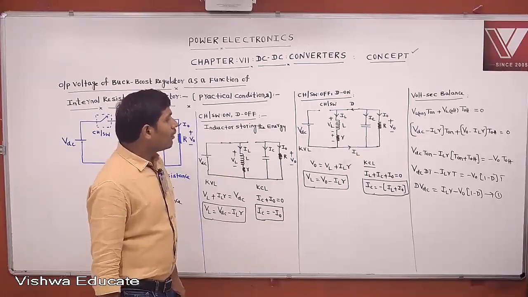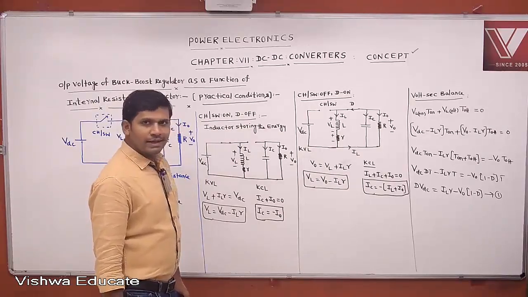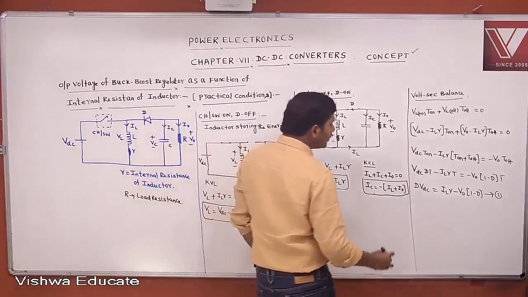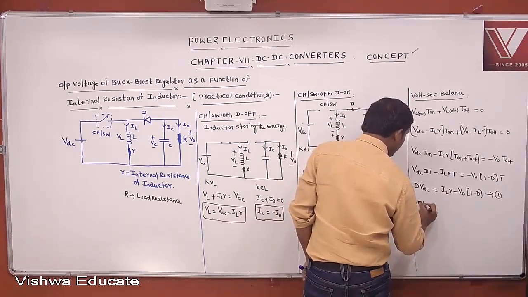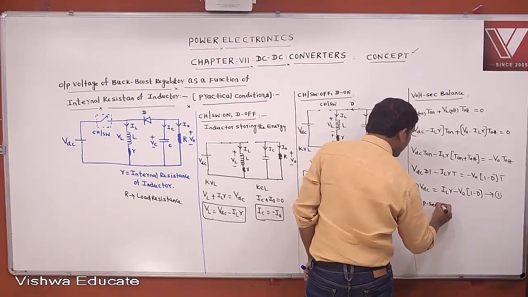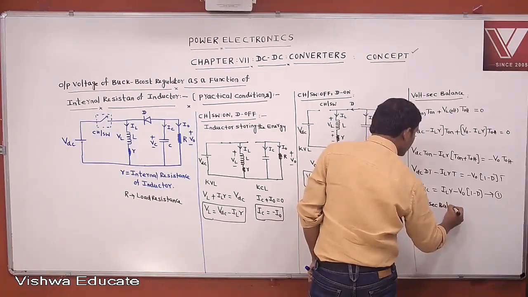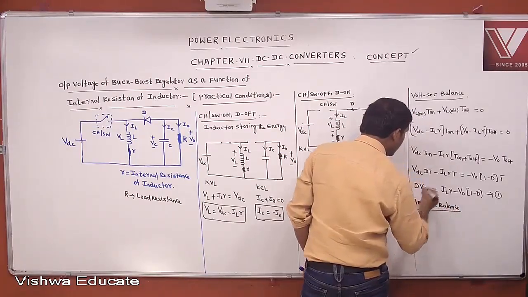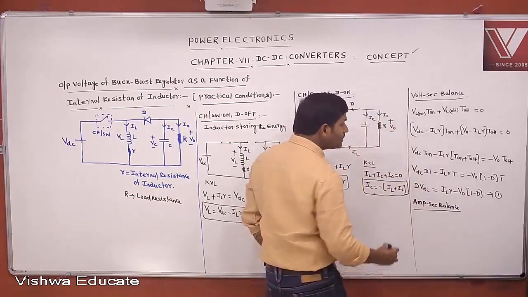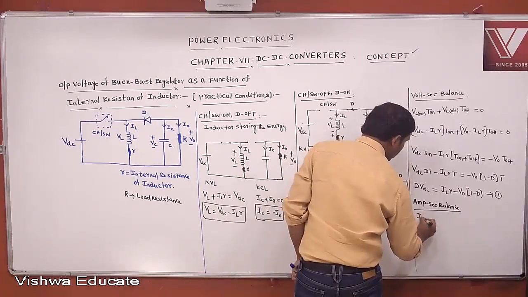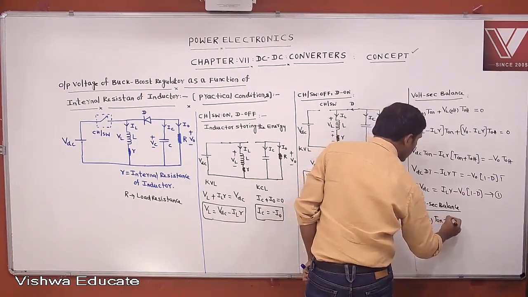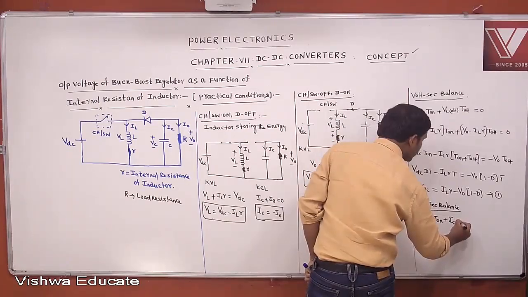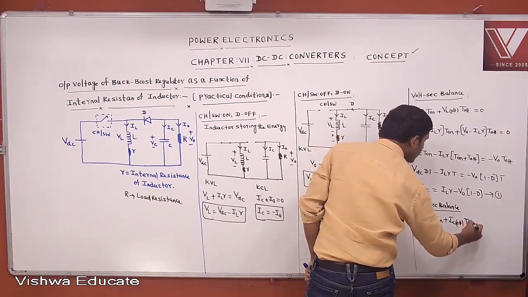Okay. Then what about current second balance? According to current second balance, ampere second balance, if you apply ampere second balance, what you get? You tell me. According to ampere second balance, IC on into T on plus IC off into T off is equal to 0.